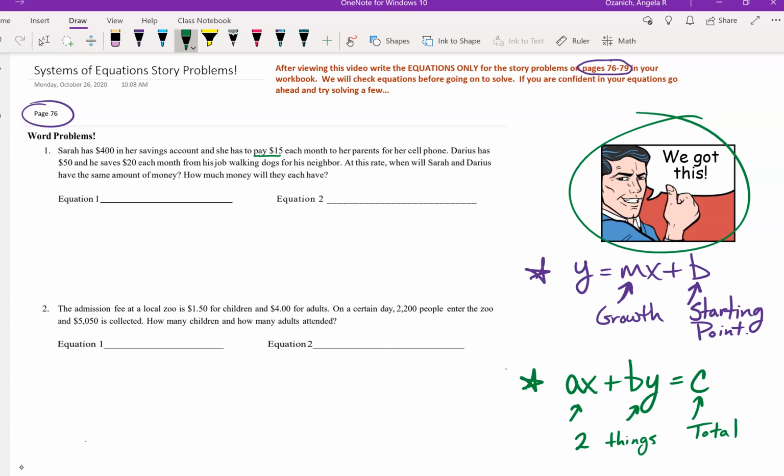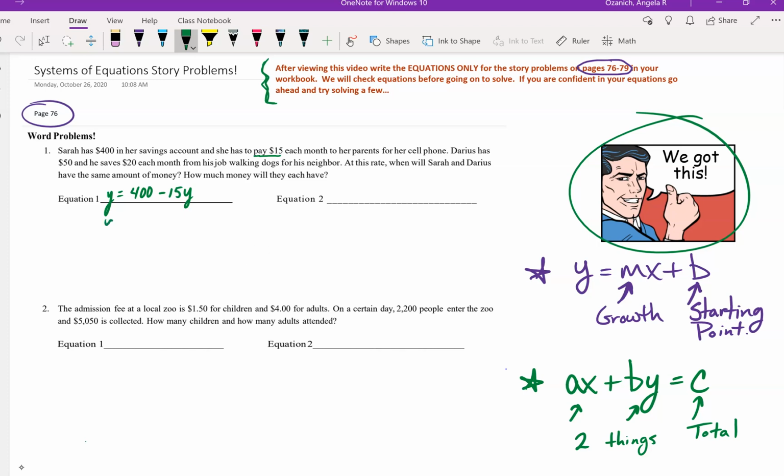So the focus for this video right now, and what I want you guys to try to be prepared for in class, is to just get the equation part of things correct, right? So for example, equation 1 for Sarah is probably going to be y is equal to the $400 she started with. That's going to be her starting point. And this time she is subtracting $15 each month.